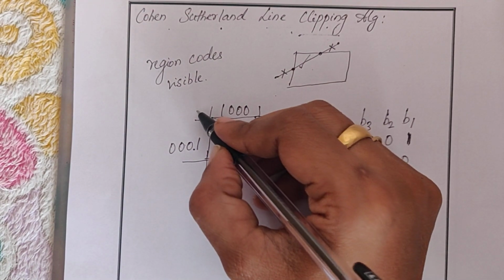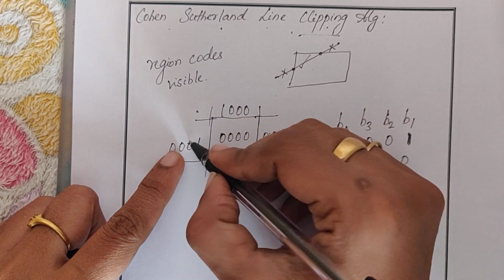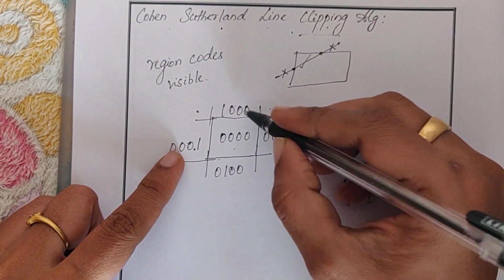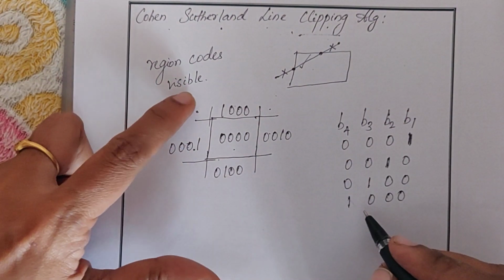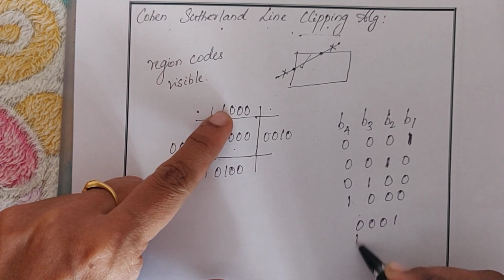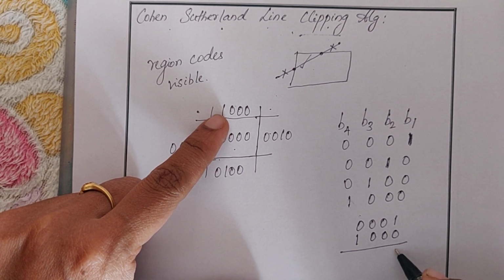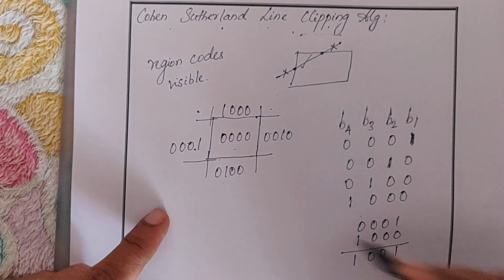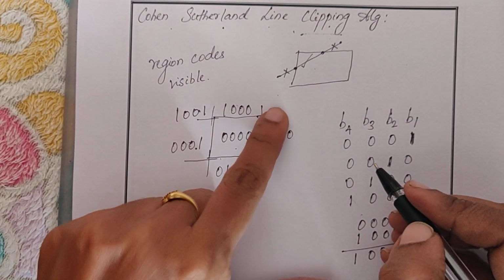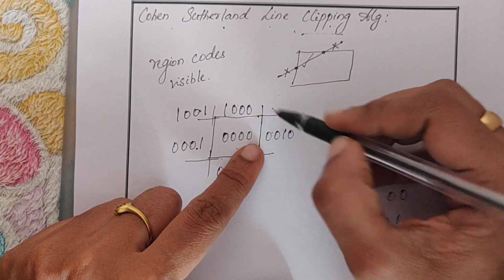Now to find these corner region codes, I can take the XOR operation of these two values. So to find this region code, I have to take the XOR operation of 0001 and 1000. So what will I get? I'll get 1001. So I should write here 1001. To find this region code, either I can use the XOR operation or I can check like this.